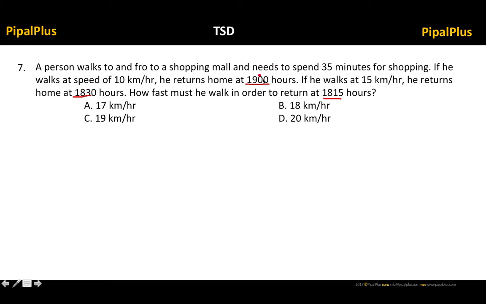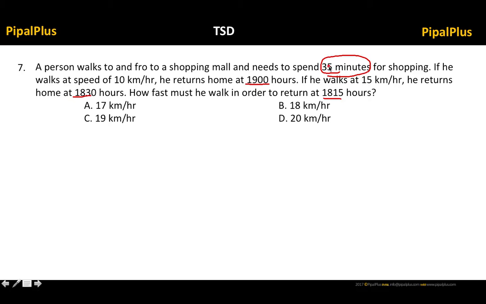Now what confuses the matters further is that this man is spending 35 minutes at the mall. So this would seem to complicate our discussion here, but really if you think about it, this 35 minutes spent in shopping does not really matter to the travel time, the walking time from home to the shopping mall and from the shopping mall back home.